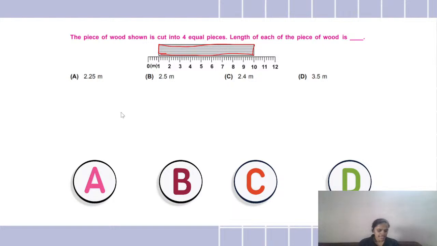Oh, I've already got the answer from Ayushi. She says C. Satish says B. Okay. Let's wait for Ritika and Debyanshi also to give the answer. I want you all to read the question again carefully and find the answer.